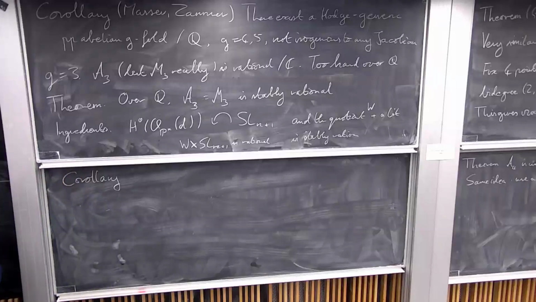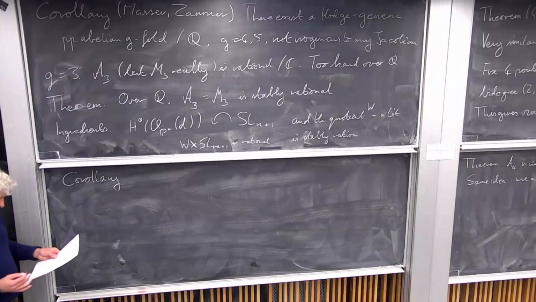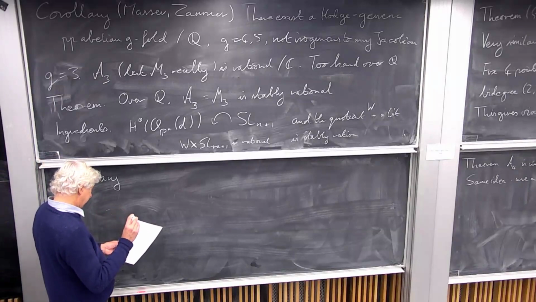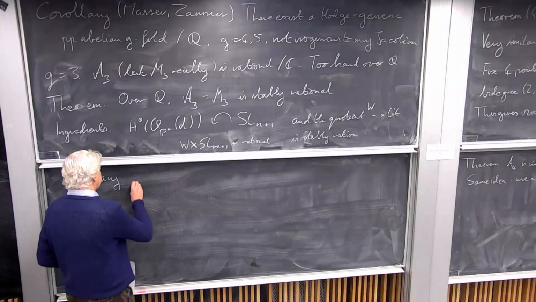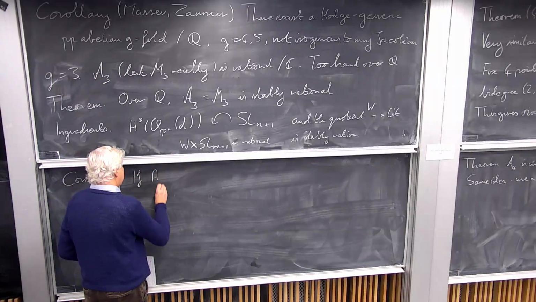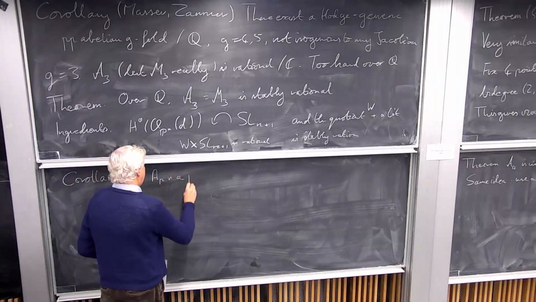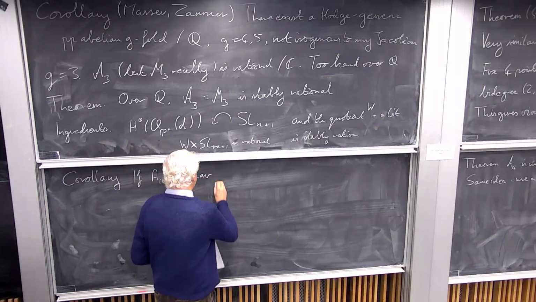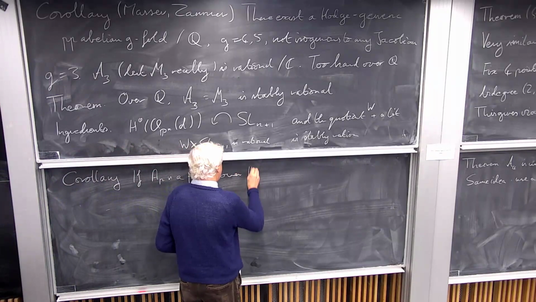So the statement that we have is this. I'll fix A_P, a principally polarized abelian variety over F_P.